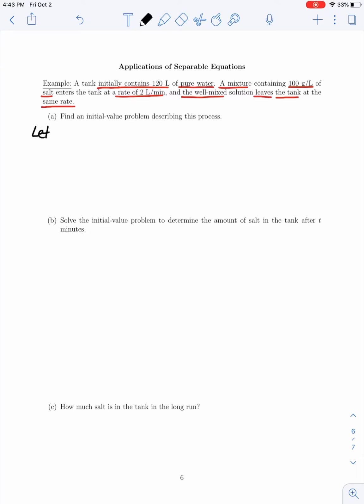So I'm going to say, let's take y, which will be dependent on time, t, to be the mass. Here I'm going to be measuring mass in grams, since our concentration of salt in the mixture we're pouring in was given in grams per liter.